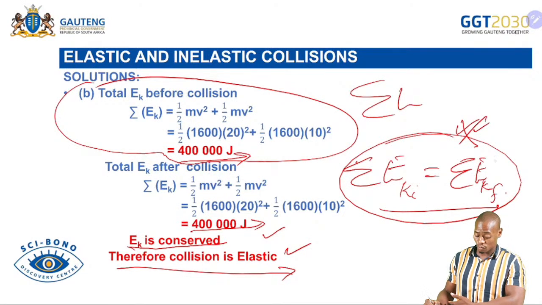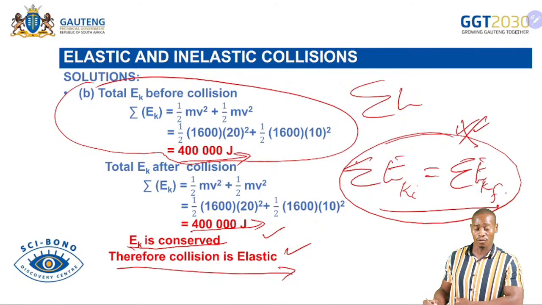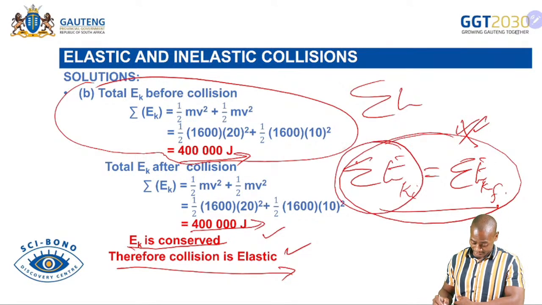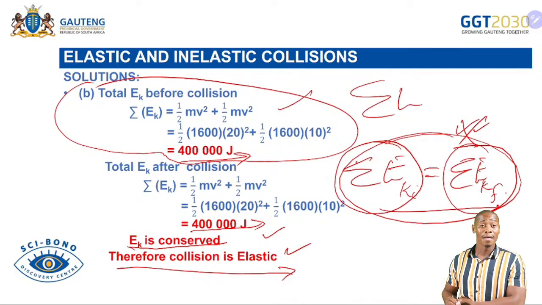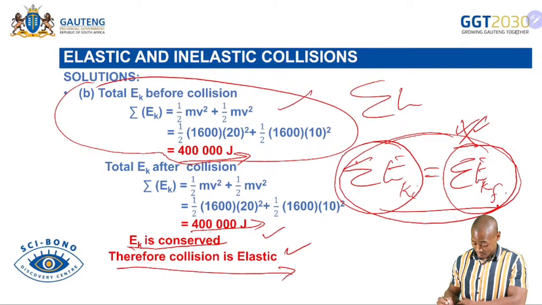We are not supposed to do this if you want to prove whether a collision is elastic or inelastic. So you need to calculate this separately and then this separately. As you can see here, we calculated the sum of kinetic energy before collision separately, and the sum of kinetic energy after collision separately. That is very, very important, learners.